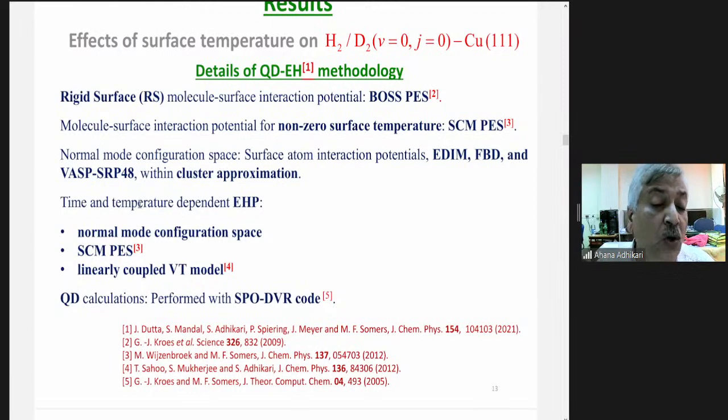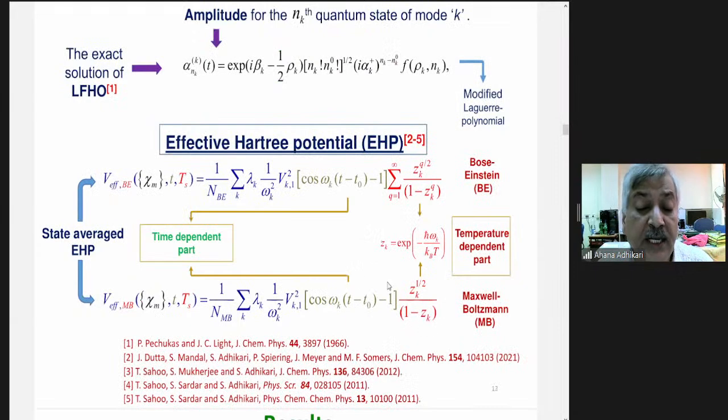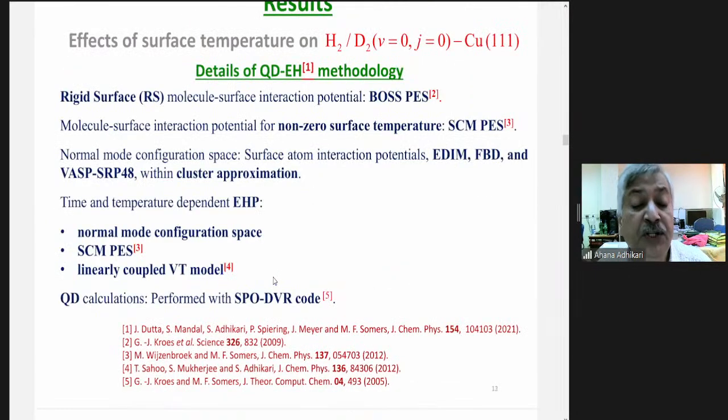And so in the effective Hamiltonian, as I said, you have the normal mode configuration space, you have the SCM potential, and you have the linearly coupled VT model. So this is the linearly coupled VT model, where you have the frequencies of the normal modes of the surface atoms, and you have V0 also. Then the quantum dynamics calculation is something called SPO DVR.